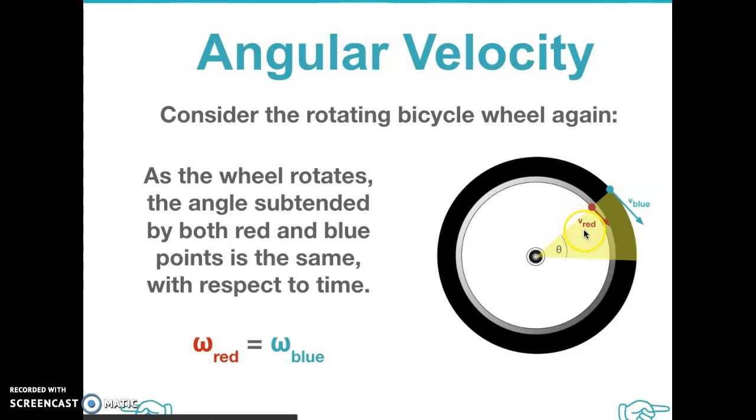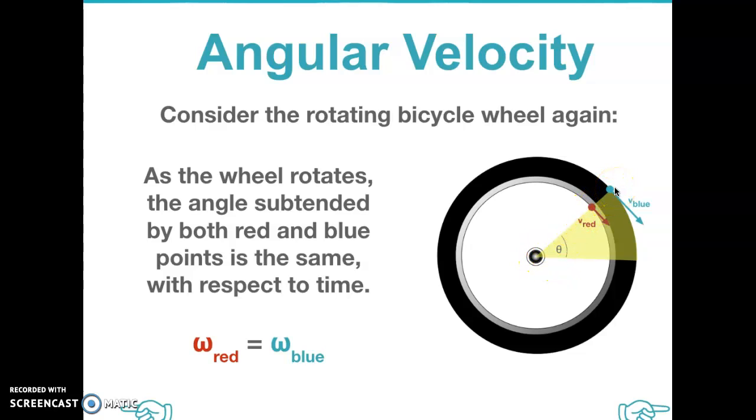Now, as you can see from this diagram, using exactly the same example as before, the angle swept out by the red and the blue is the same per unit time. So therefore there is no change in angular velocity as you change this position from the center.